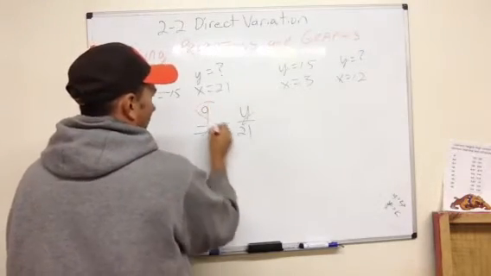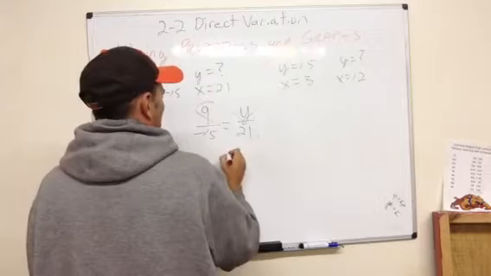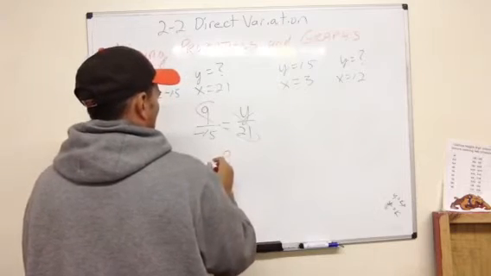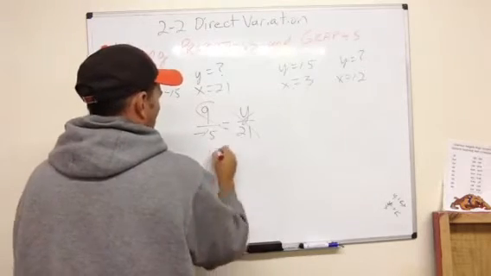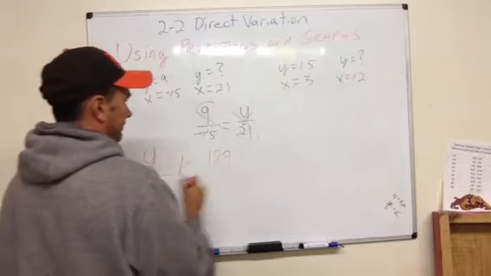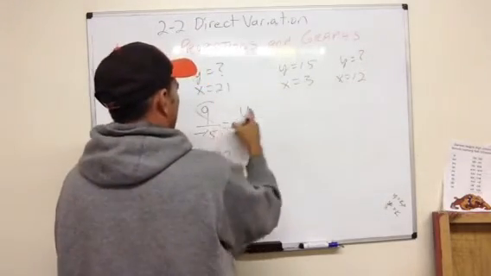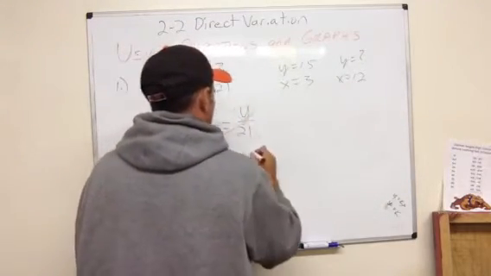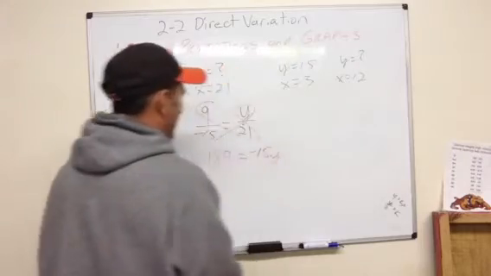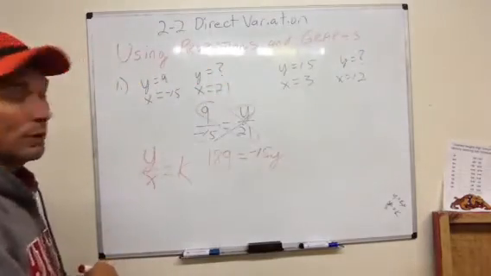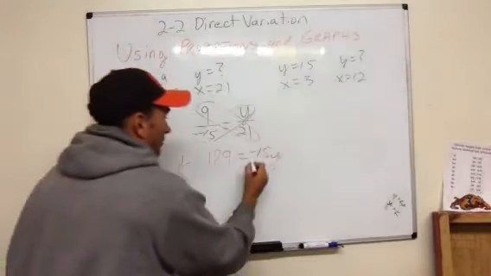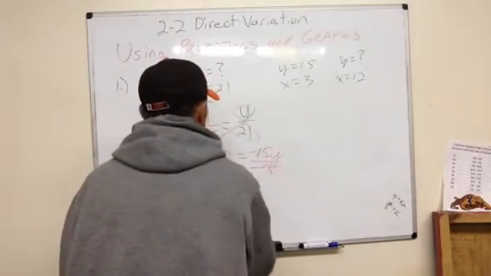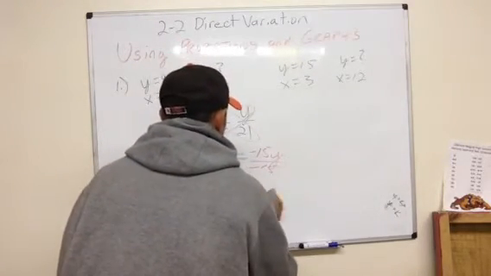So 9 times 21 is 189. Negative 15 times y is negative 15y. When we divide by negative 15 now to solve for y, this is going to be bad.